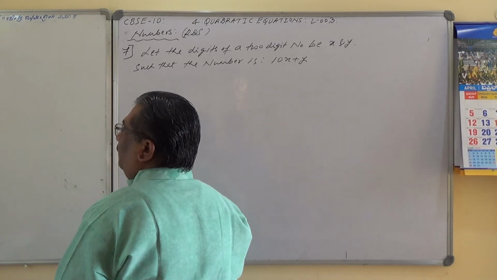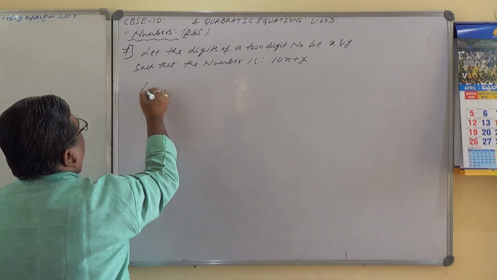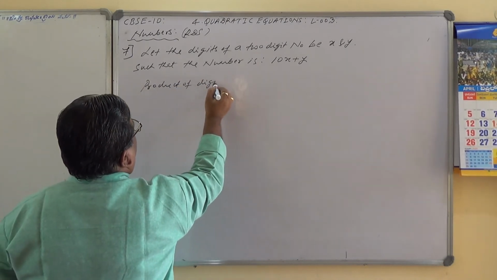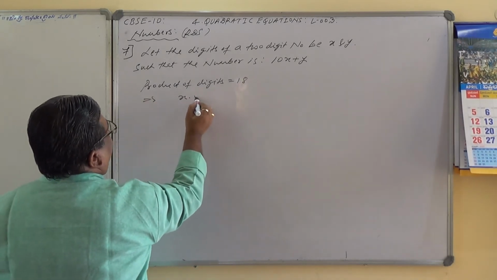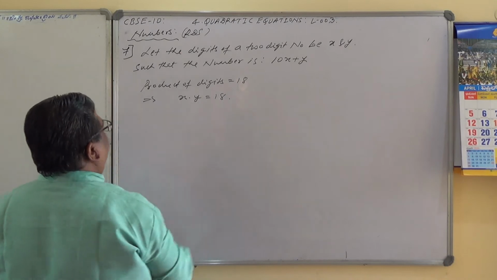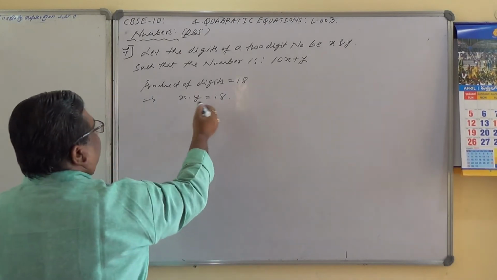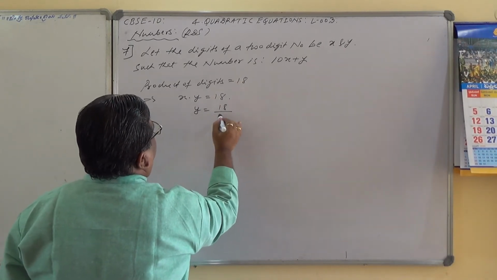The product of its digits is 18, implies x into y equals 18, and y is equal to 18 by x.